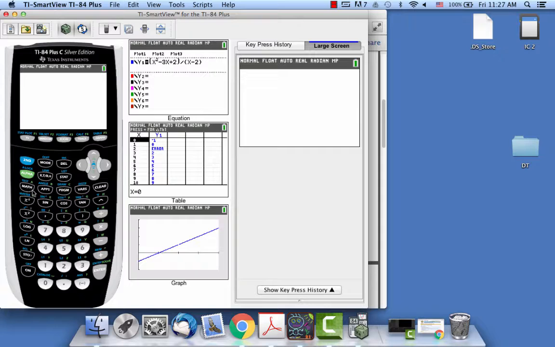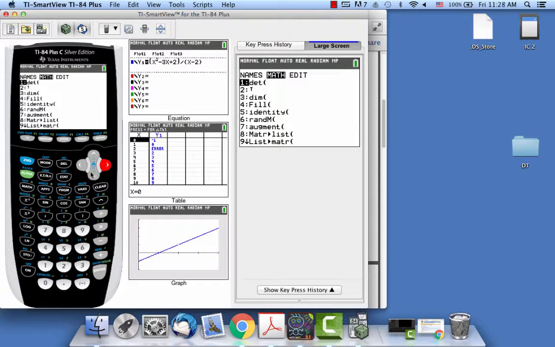So if you go to Matrix and go to Math, way down here below in the alpha section, you have REF, row echelon form, and RREF, reduced row echelon form.